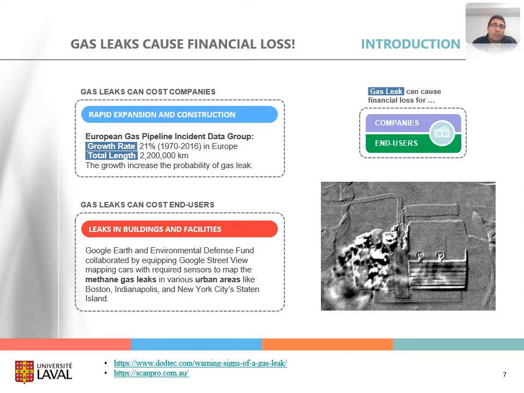Regarding the end users, leaks in buildings and facilities can cause end user financial loss. For example, a study conducted by Google Earth and EDF, which collaborated by equipping Google Street View mapping cars with required sensors to map the methane gas leaks in various urban areas like Boston, Indianapolis, and New York City.